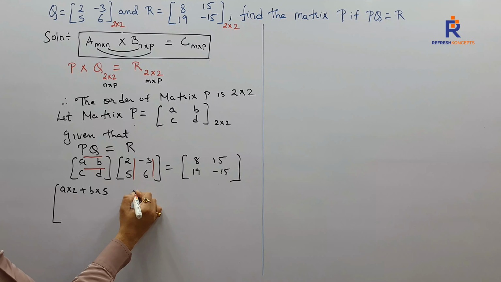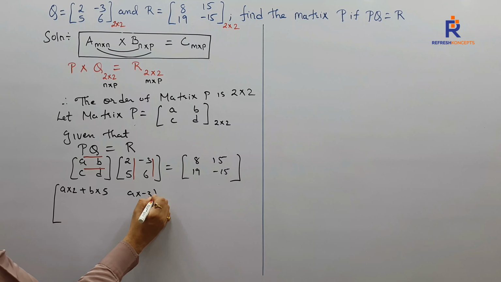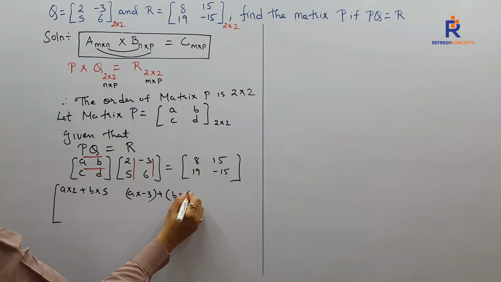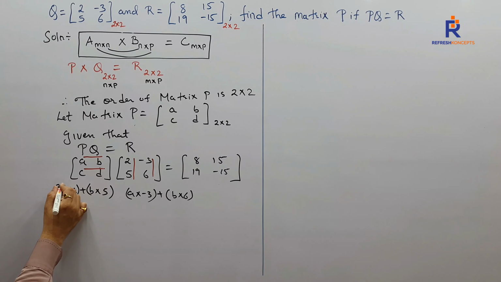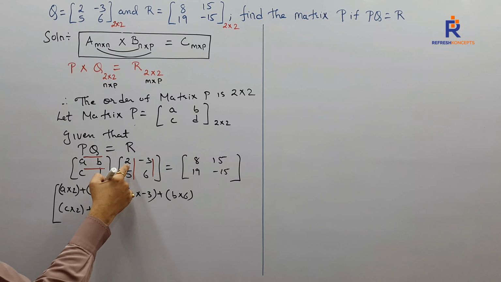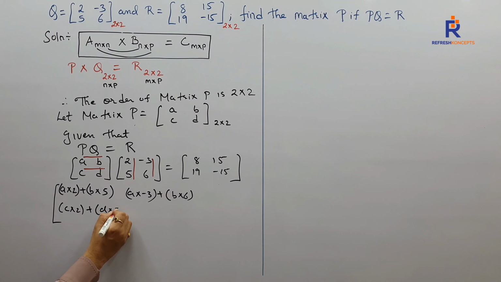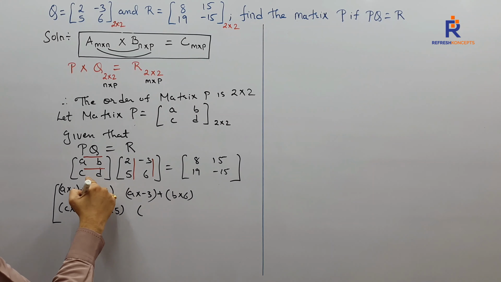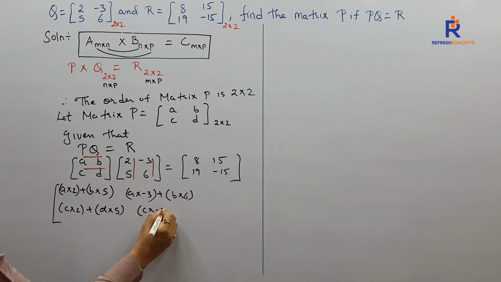Likewise, a into minus 3 plus b into 6. Next, c into 2 plus d into 5, and next, c into minus 3 plus d into 6.